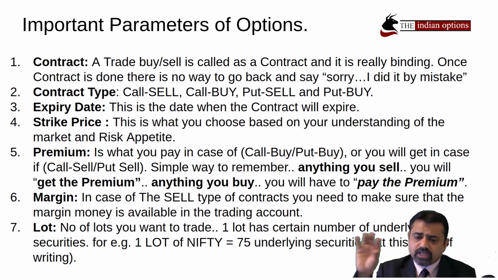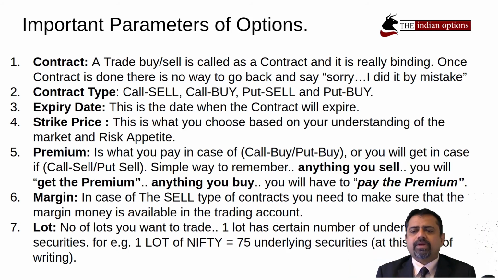So strike price. Now premium is what you have to pay, or you get. For example, if you open a call sell or put sell type of contract, then the seller gets the premium.